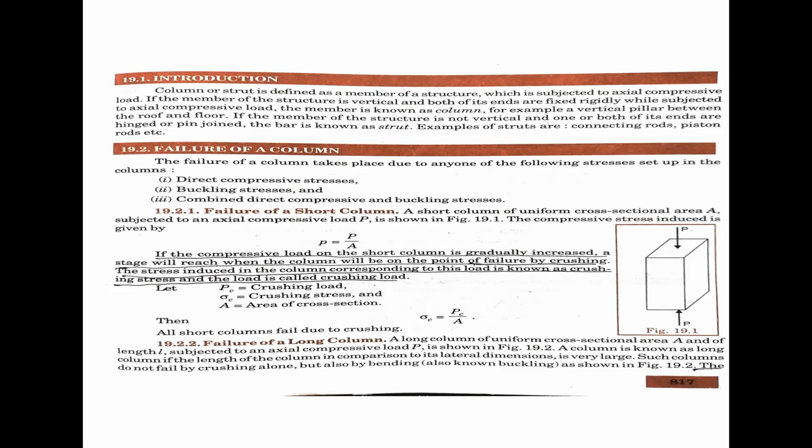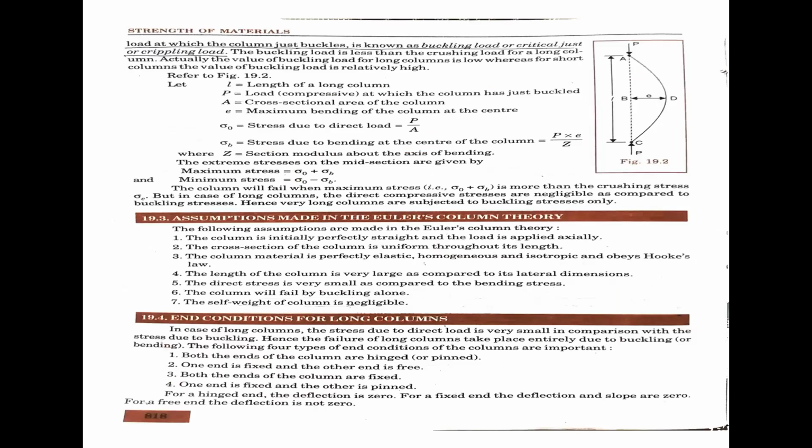Now, small l equal to length of the column, length of a long column; capital P, that means the compressive load at which the column has just buckled; capital A, cross-sectional area of the column; small e equal to maximum bending of the column at the center.